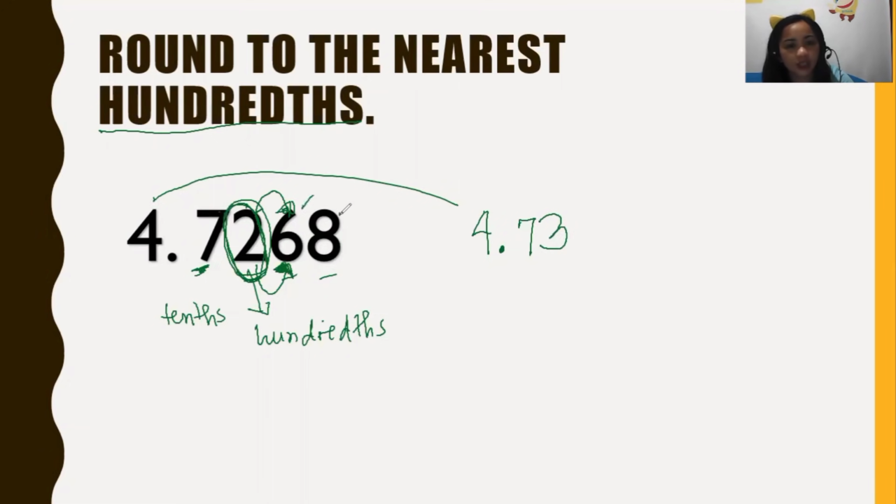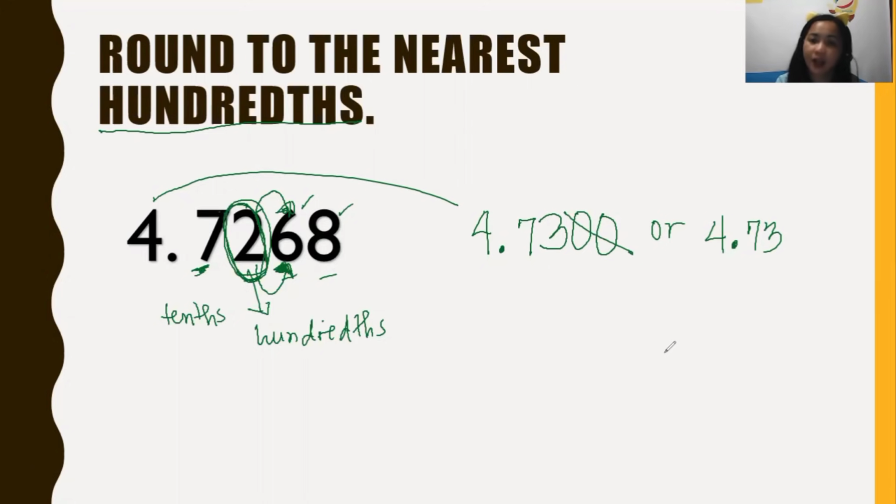And then yung 6 at 8 will become 0, 0. Or drop off, pwede mong alisin. Or 4 and 73 hundredths. So it is read as 4 and 73 hundredths. So, ayan po kung paano i-round into the nearest hundredths.